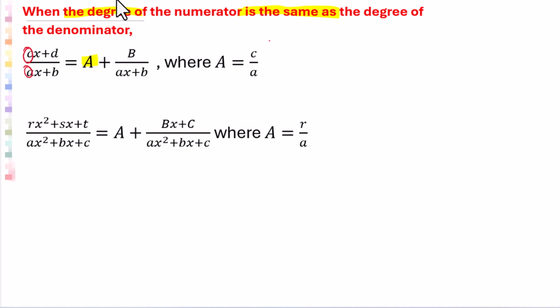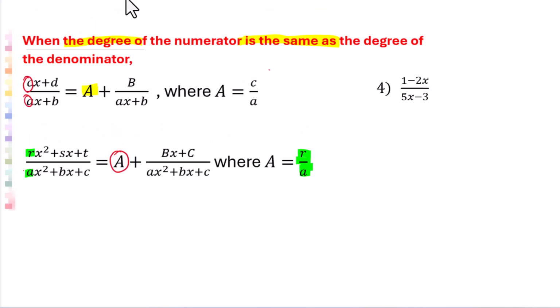For quadratic over quadratic, we also get the constant a, where a equals r over a. r is the coefficient of x squared of the numerator. a is the coefficient of x squared of the denominator.